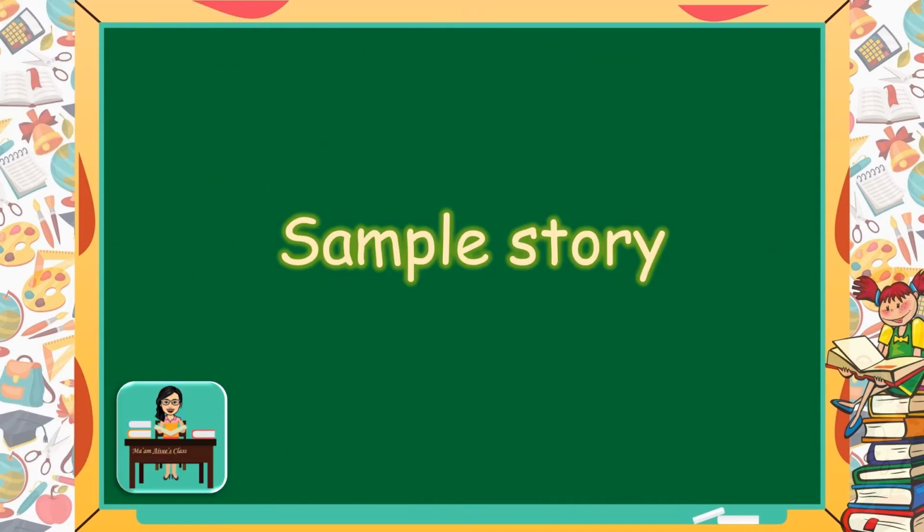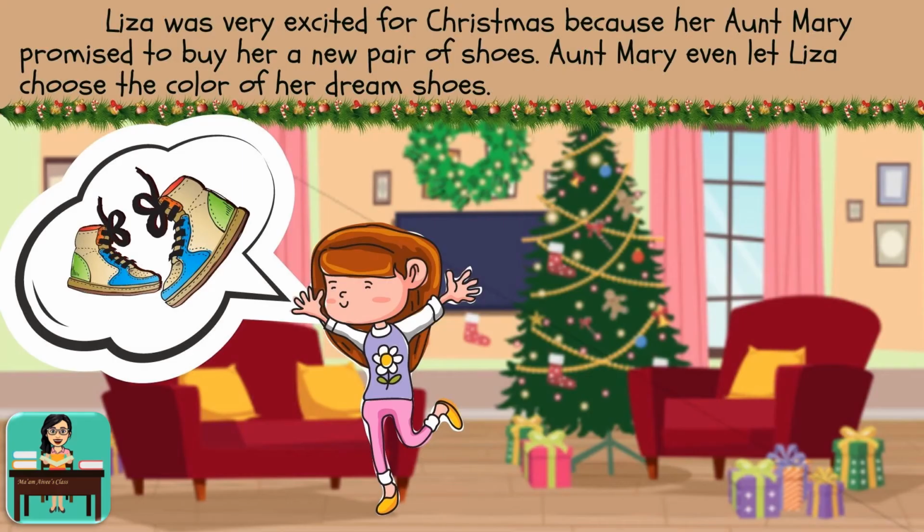Listen very carefully as I tell you the sample story. Lisa was very excited for Christmas because her Aunt Mary promised to buy her a new pair of shoes. Aunt Mary even let Lisa choose the color of her dream shoes.